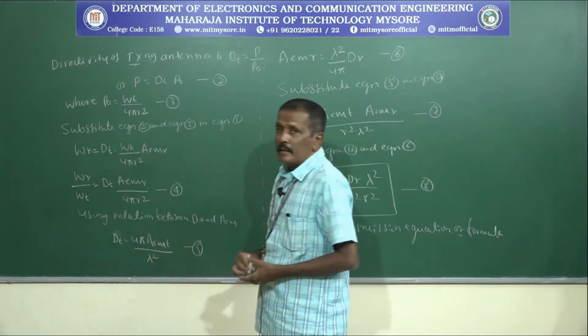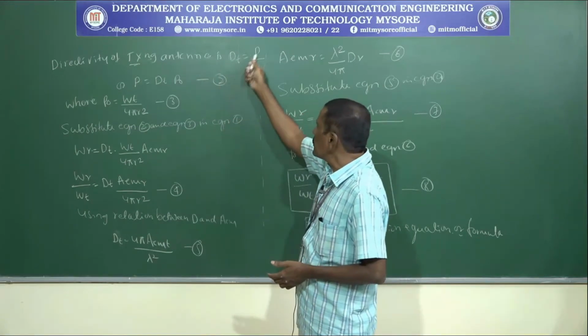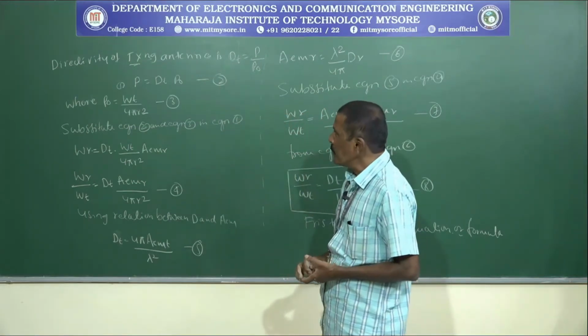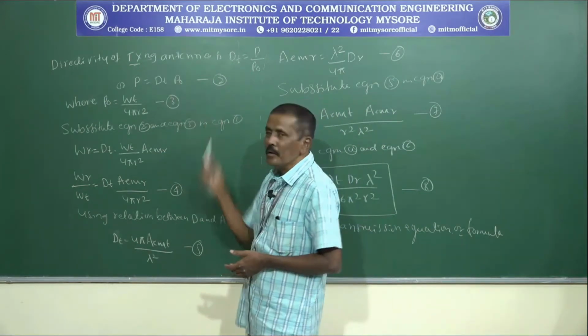Next, the directivity of the transmitting antenna is dt equal to P divided by P0, or you can write it as P equal to dt into P0.